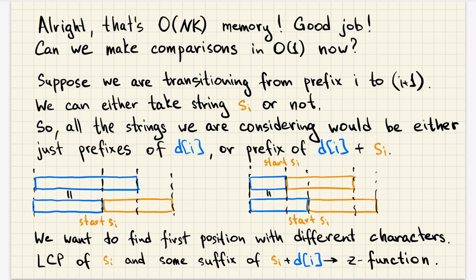So all the strings we will be considering are either just prefixes of d_i, because that's how our dp values look like, or a prefix of d_i plus s_i concatenated in the back. And we want to compare pairs of strings of this type.